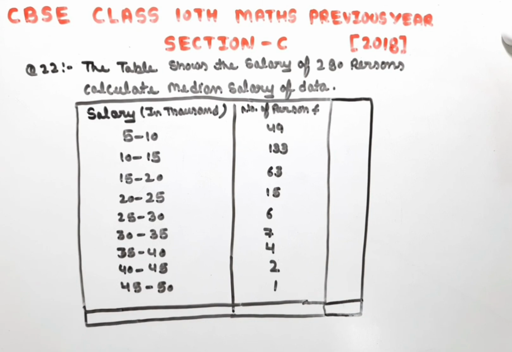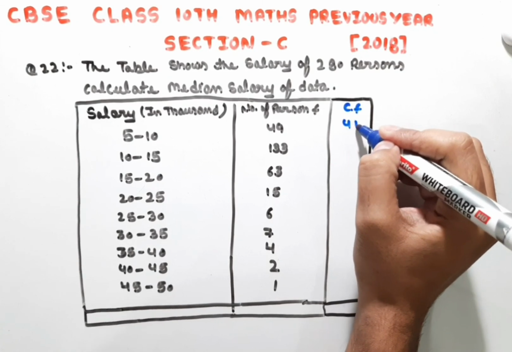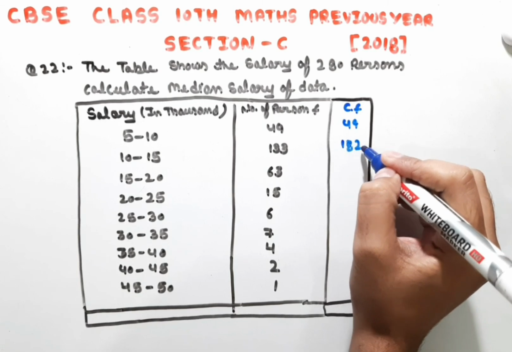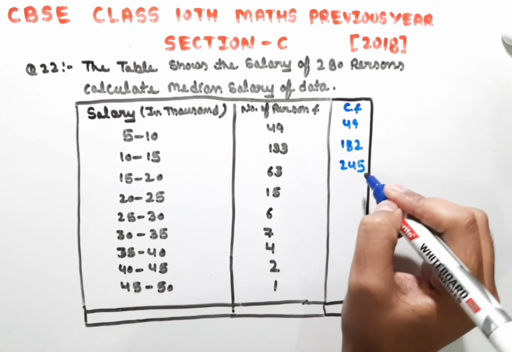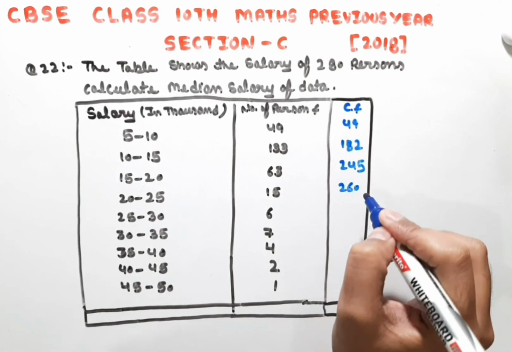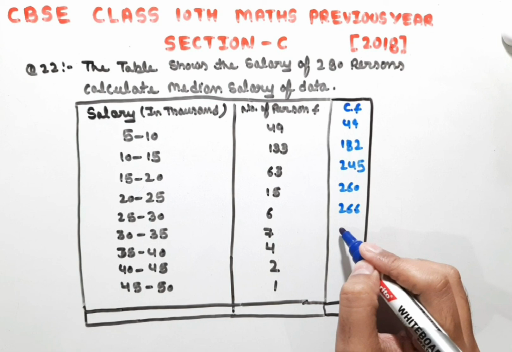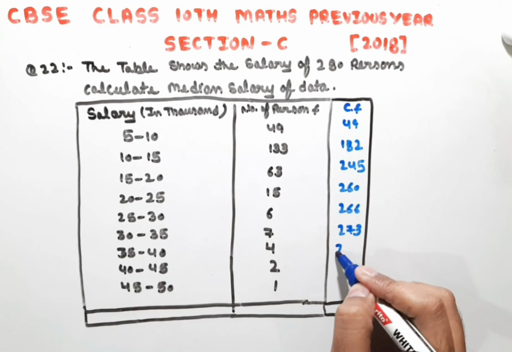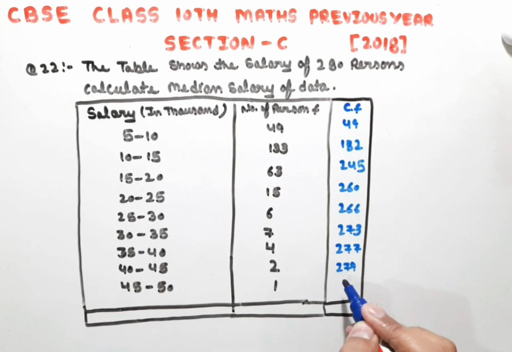Cumulative frequency 49 plus 133, that will be 182. 182 plus 63, that will be 245. 245 plus 15, that will be 260. 260 plus 6, 266. 266 plus 7, 273. 273 plus 4, 277. 277 plus 2, 279. And 279 plus 1, 280.